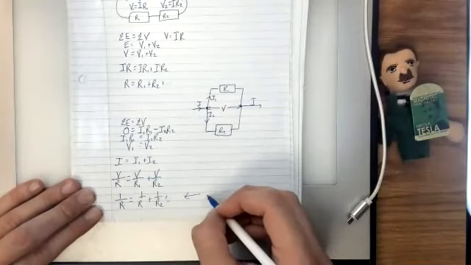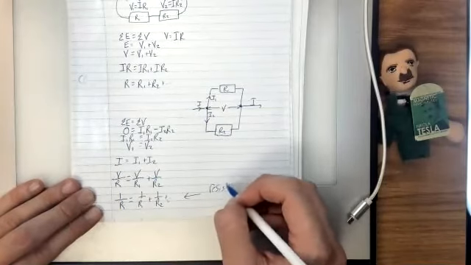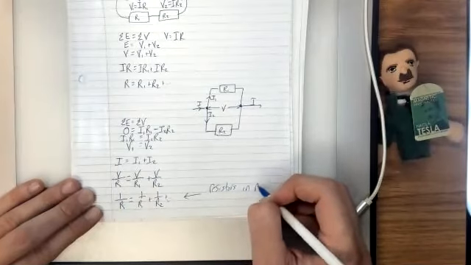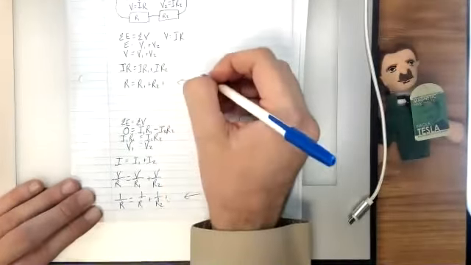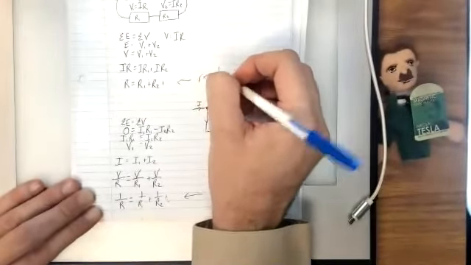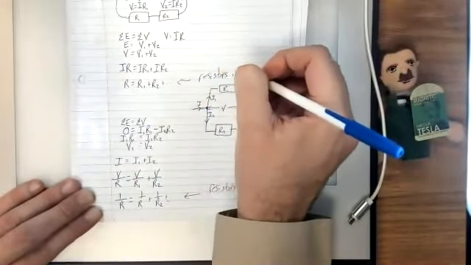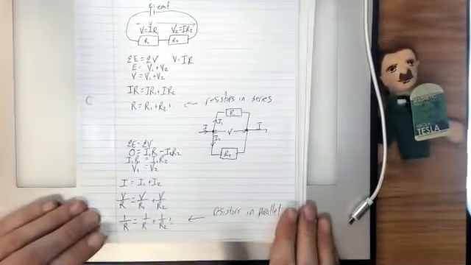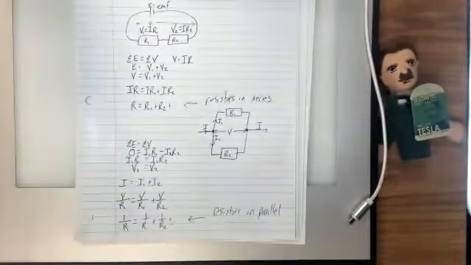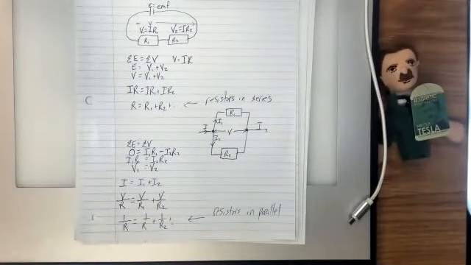And so this is the equation for resistors in parallel, and this is the equation for resistors in series. All right, so got a chance to focus there. So that is the derivation of the formula for resistors in series and in parallel based on Kirchhoff's laws.